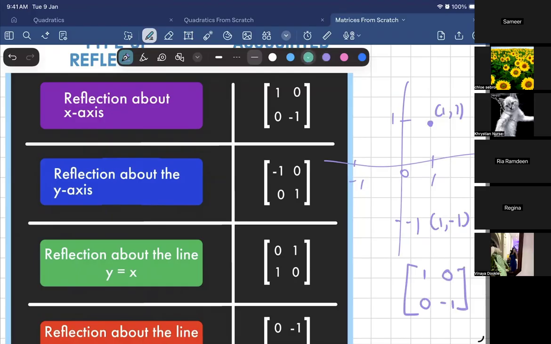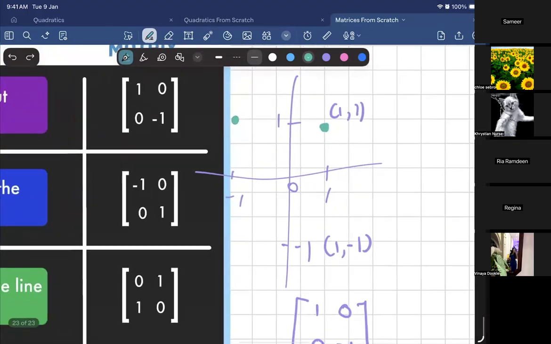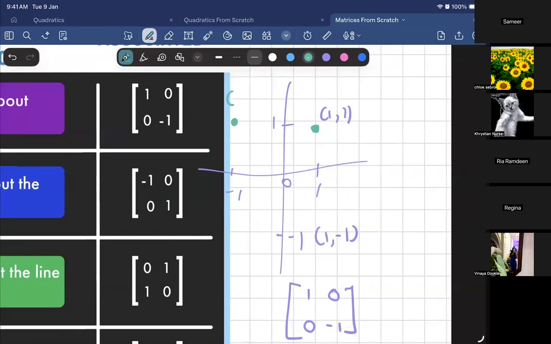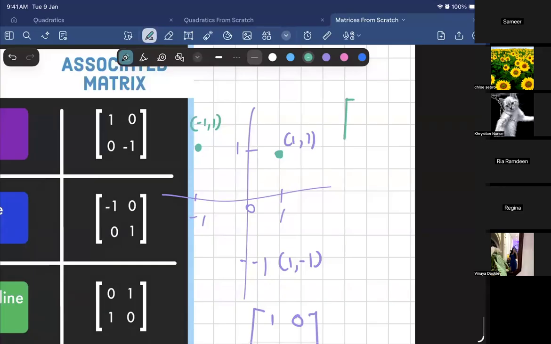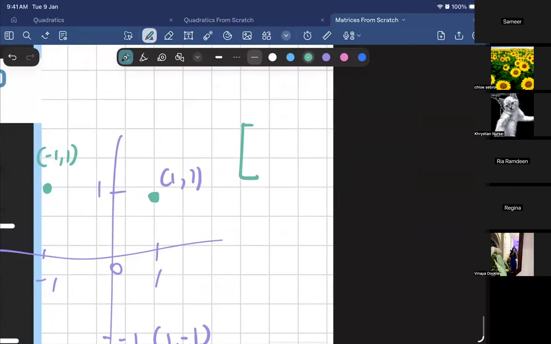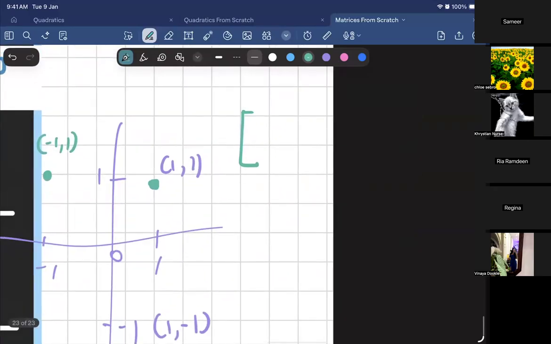Let's apply that same concept to a reflection about the y-axis, shall we? If it's a reflection about the y-axis, it would have gone from 1 comma 1 to say -1 comma 1, yeah? So if you compare the x values, what happened to the x value?